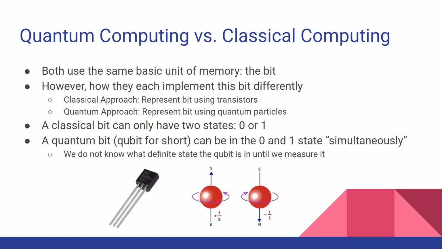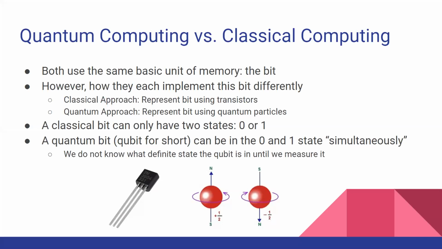So the first thing I'd like to discuss is the difference between classical computing and quantum computing. Both of them use this idea of a bit to store memory. So we have a similar idea of memory storage, but how we store this bit and how we implement it is completely different between each of these types of computers.